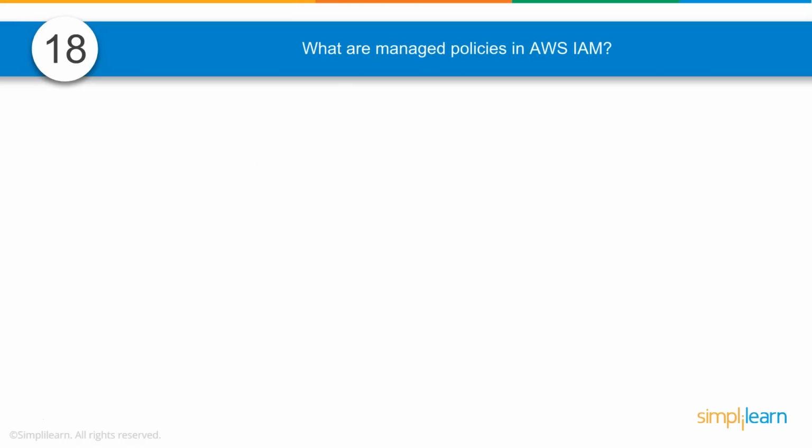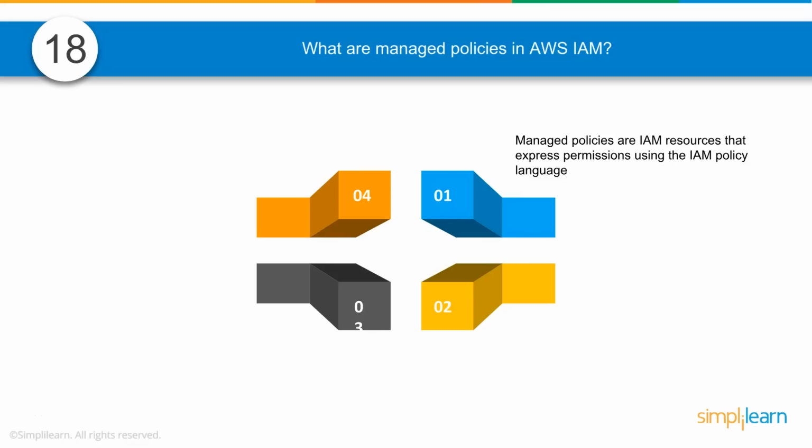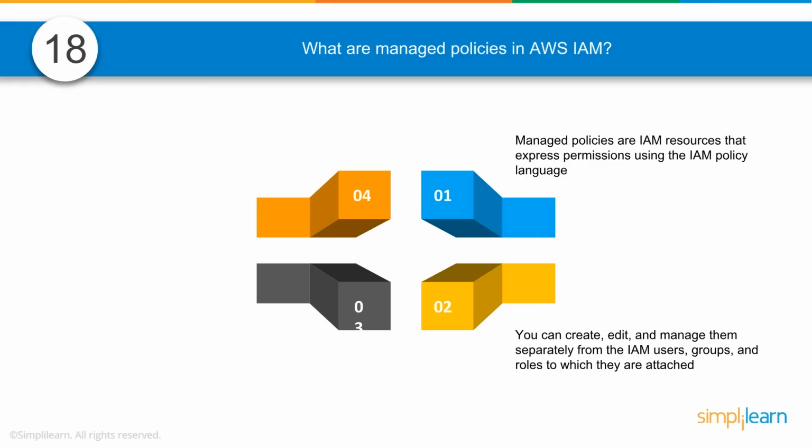Let's talk about managed policies in AWS. There are two types, customer managed and Amazon managed. Managed policies are IAM resources that express permissions using the IAM policy language. We can create policies, edit them, and manage them separately from the IAM users, groups, and roles to which they are attached.